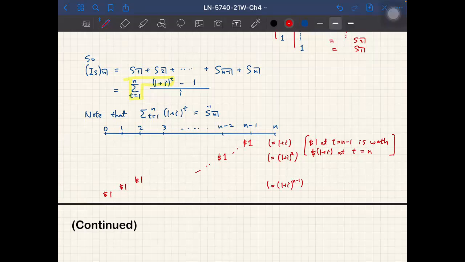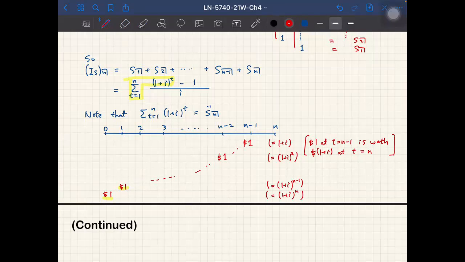And finally, this $1 at time 0 is worth (1 plus i) to the nth power at time n. Okay, so in this way, we can equate the value.